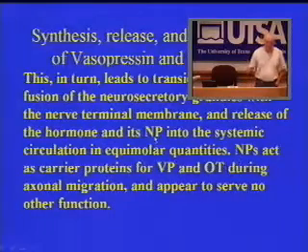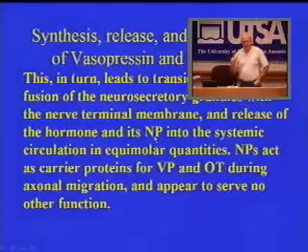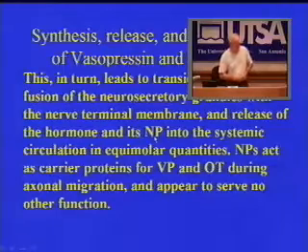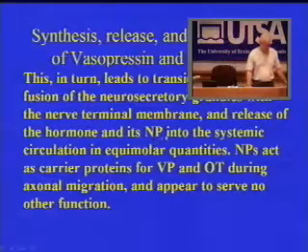In other words, for every vasopressin or oxytocin molecule that's released, there's one neurophysin molecule released. So there's a 1-to-1 ratio of these molecules in the blood.